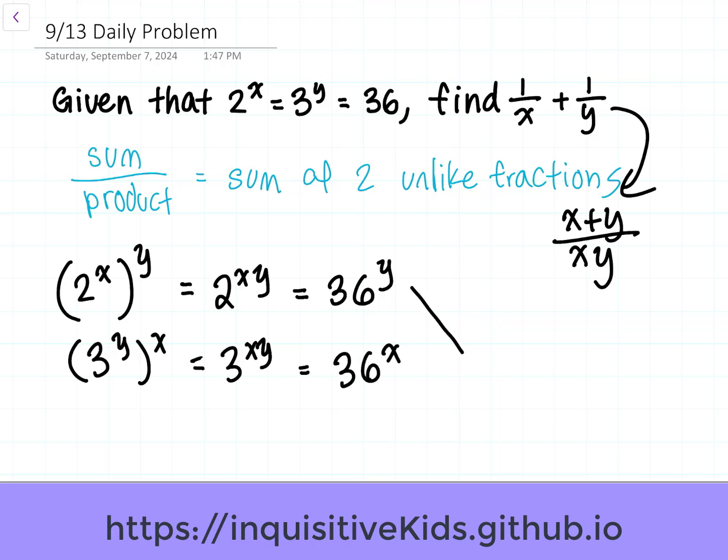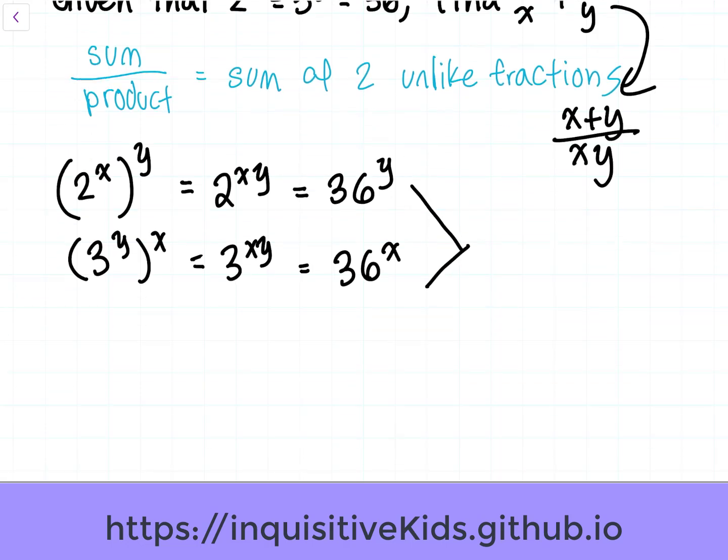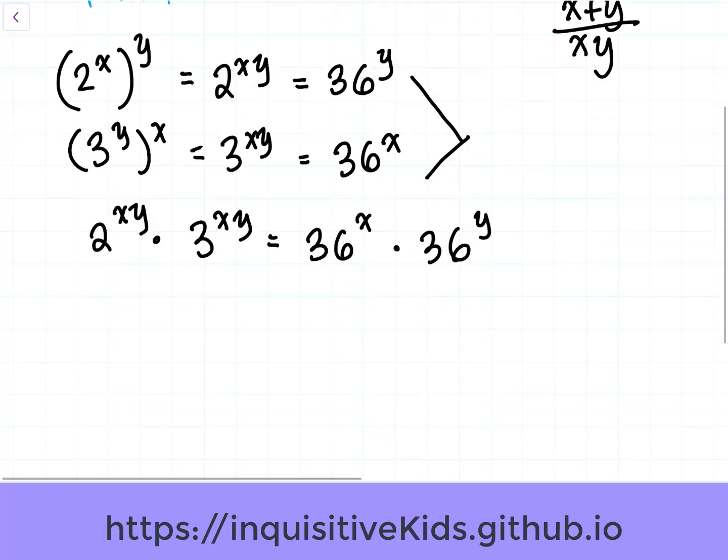Now let's write an equivalent expression out of these two things. If we multiplied 2 to the xy power times 3 to the xy power, that is the same thing as 36 to the x power times 36 to the y power. And so on the left side we have 6 to the xy power, which is equal to 36 to the x plus y power.